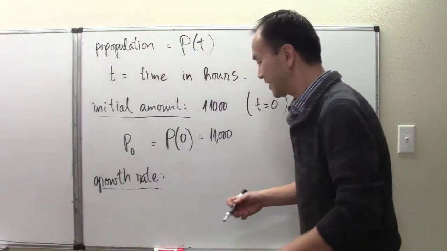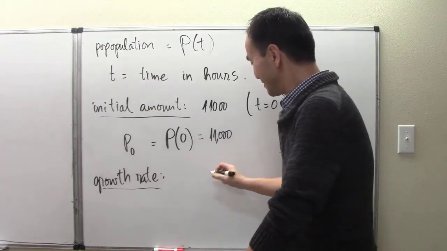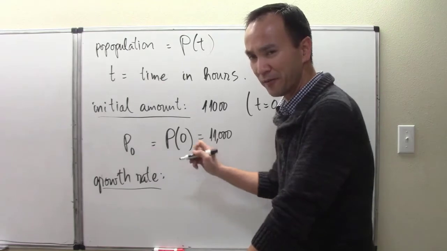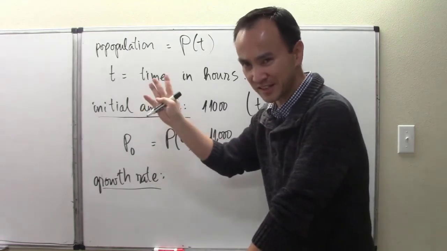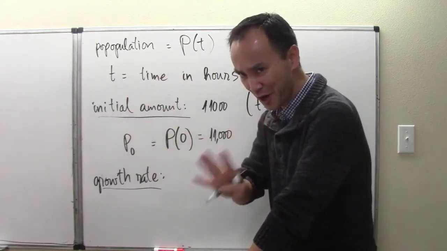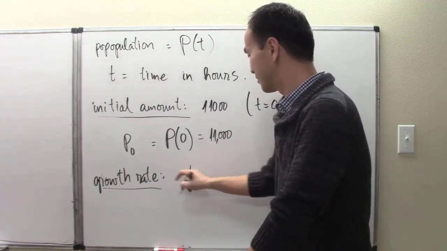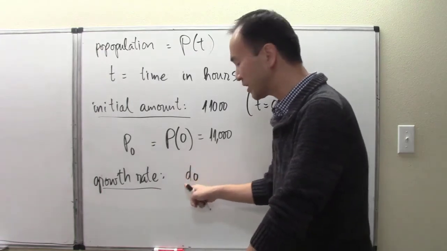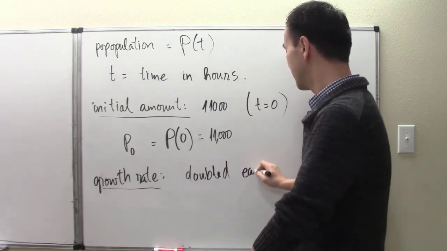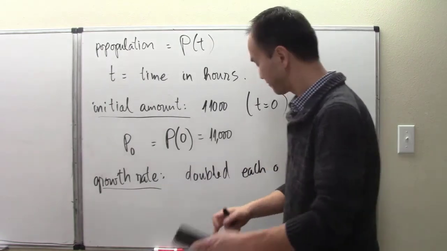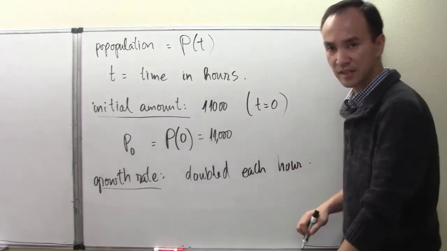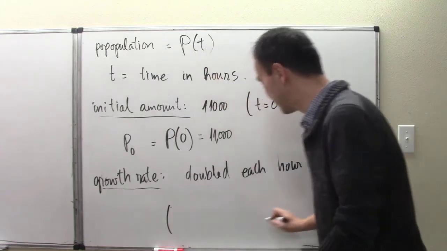It's not written in a form like an increase by 5% each hour or increase by 20% each hour, but this is the clue right here. It doubles each hour.